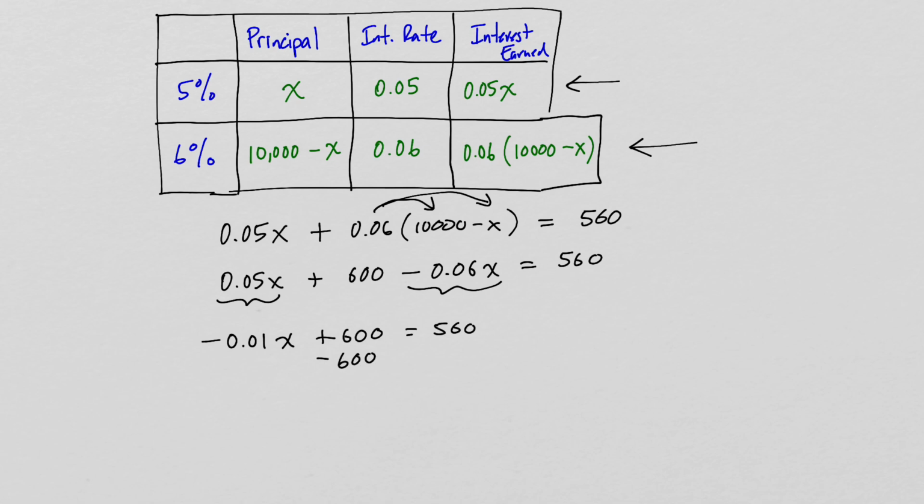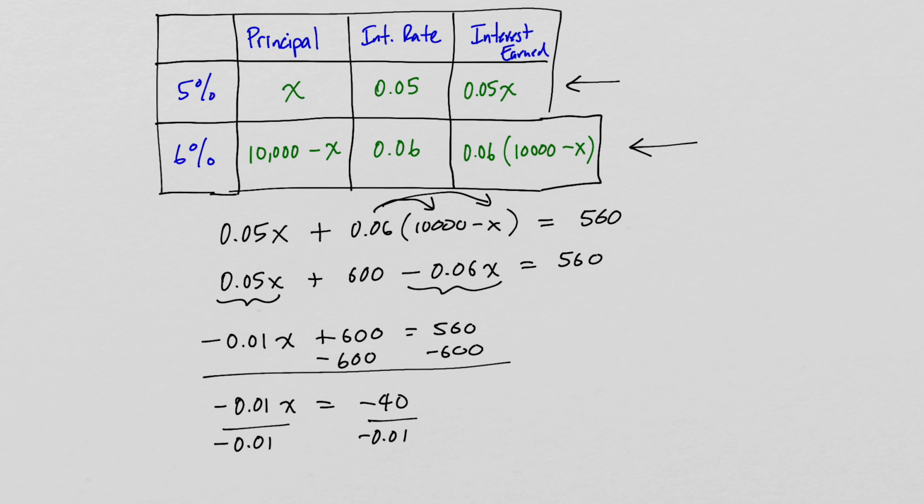Then we'll subtract 600 from both sides. And this gives us negative 0.01x is equal to negative 40. And then our final step, we're going to divide by negative 0.01. And negative 40 divided by negative 0.01 is actually 4,000. So we now know that x is 4,000, and this is going to be dollars.